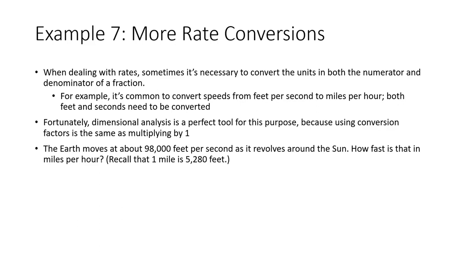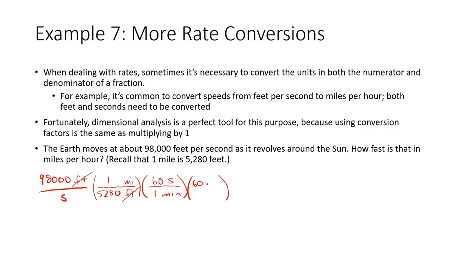So the Earth moves around the Sun at 98,000 feet per second. How fast is that in miles per hour? Well, if we want to convert this rate, we just need to convert the units. If we want to convert to miles, there are 5,280 feet in 1 mile. So those units will cancel out. If we want to convert to hours, well, there are 60 seconds in 1 minute, 60 minutes in 1 hour.